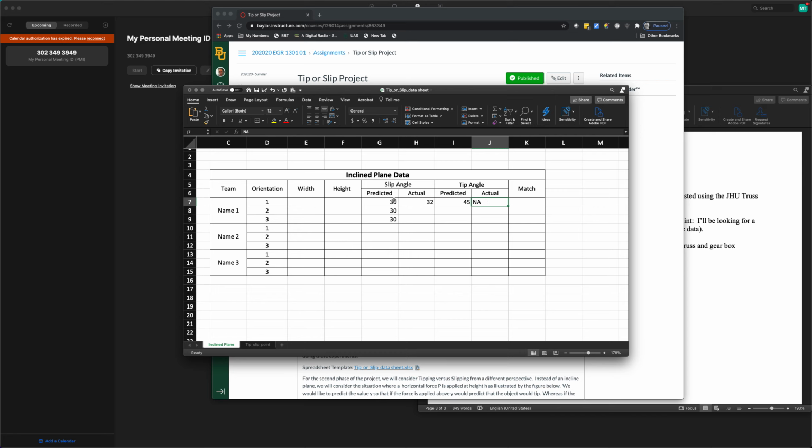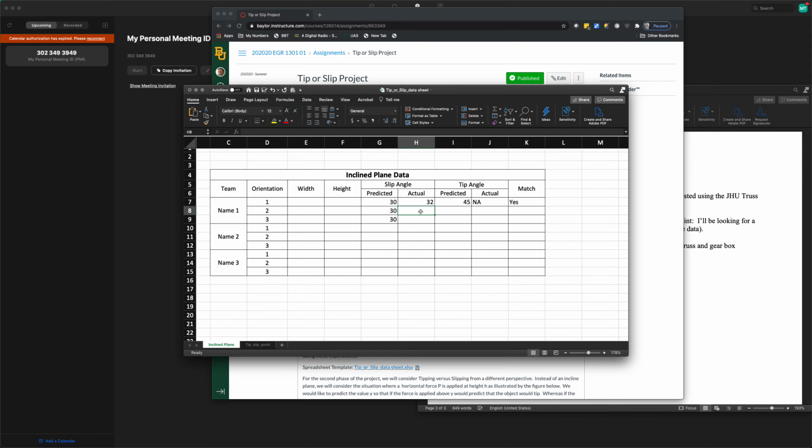All right, so we look at this data, and what it's telling us is that since it slipped, and the slip angle is smaller than the predicted tip angle, then what we predicted was that this thing is going to slip. So yes, it's a match between the predicted and what actually happened. Okay, so that's what the match column is about.